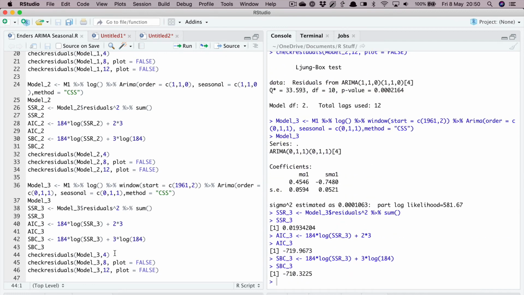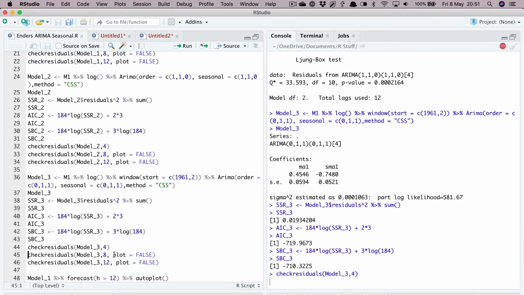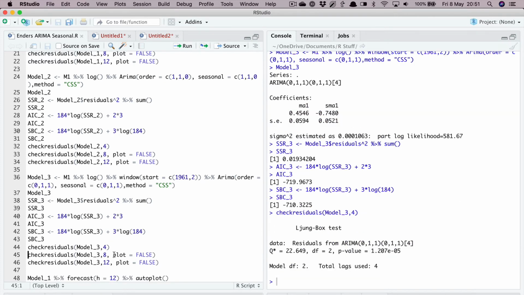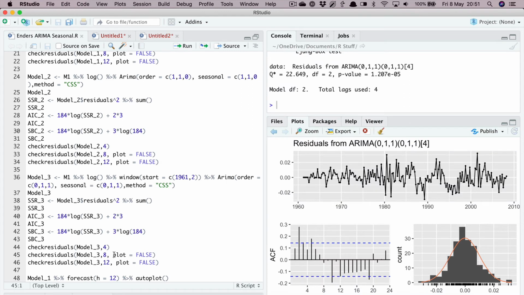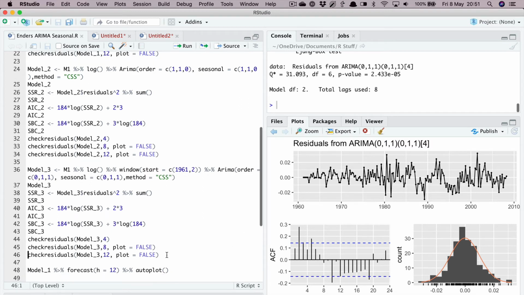Let's just check the residuals, but even if these are okay, model 1 would be preferable, but here's residuals. So that one is certainly a problem, and it's not surprising given this. So 8 and 12 will probably also be problematic.